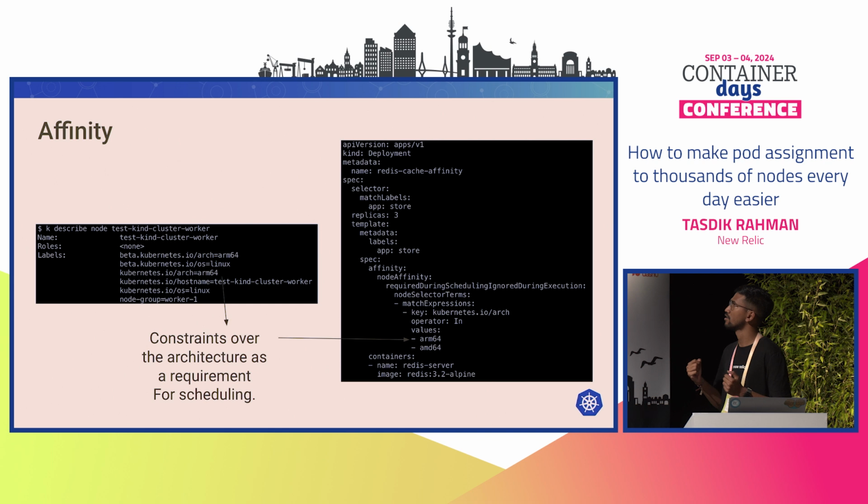What this means for the scheduling rule of this specific deployment is that when the scheduler is selecting a node, it would have to absolutely satisfy the requirements of the match expression which we are presenting here, which is that the architecture of arm64 and amd64 should be present inside the node.